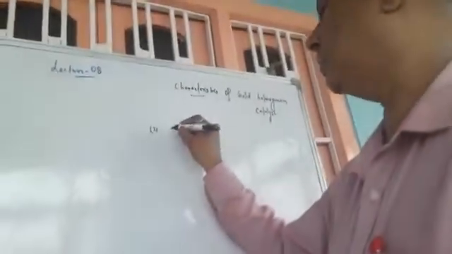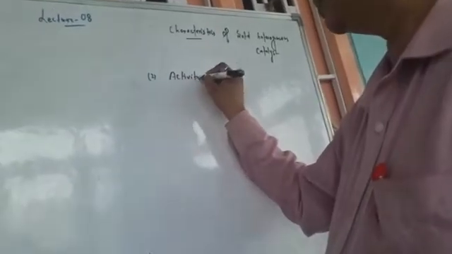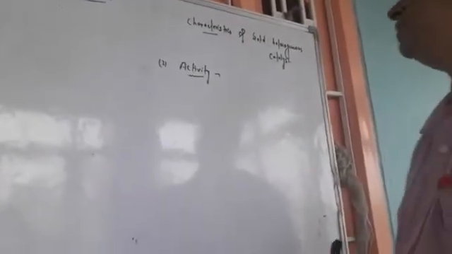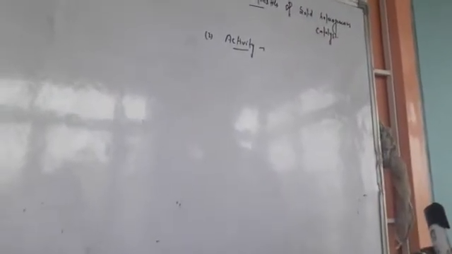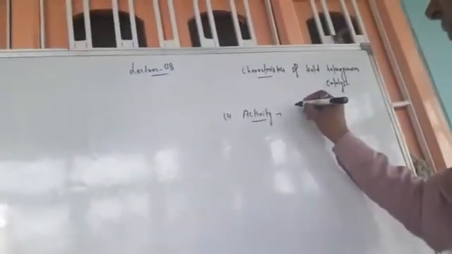First point is activity. Activity means there is a strong chemical adsorption between adsorbent and adsorbate molecules, so that there is a greater yield of product formation.